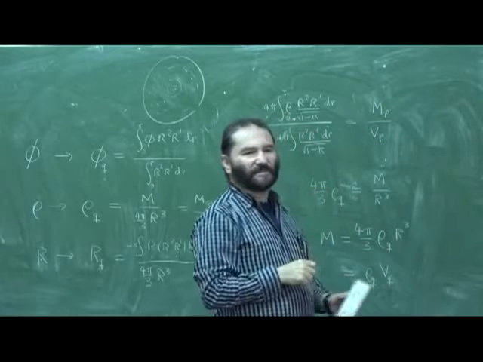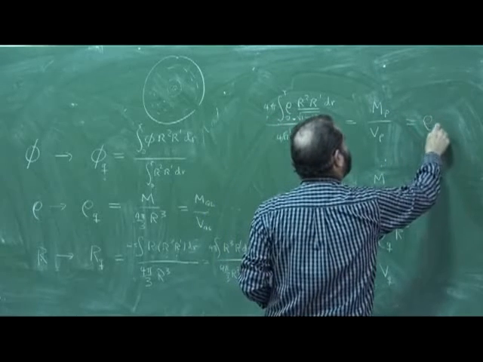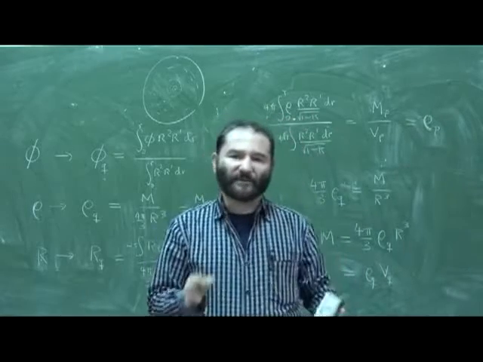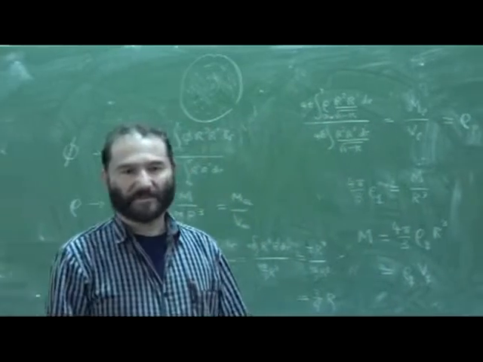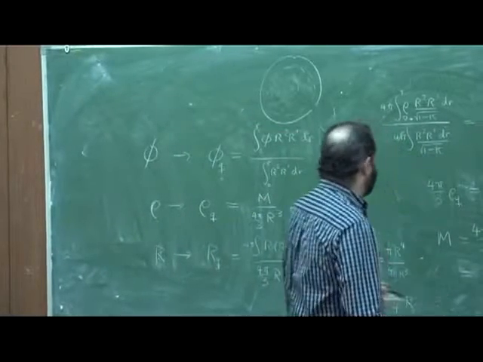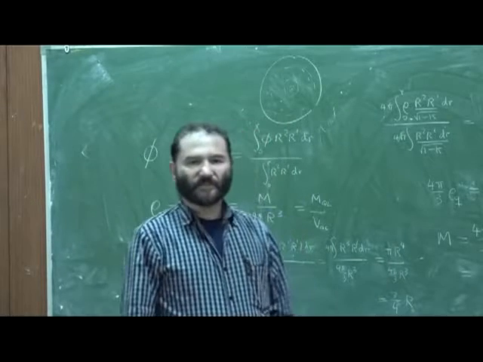That's all we can say. Then this would be rho p, the proper average density distribution, but we have no simple analytic form. Here we have a very simple analytic form, right?